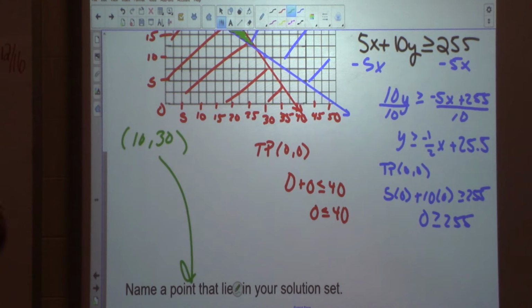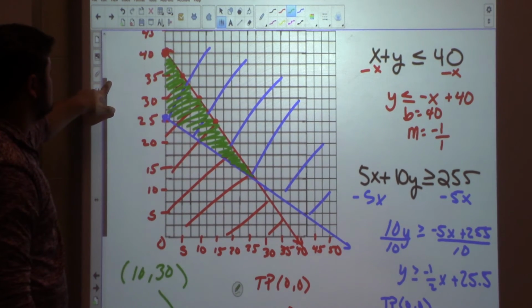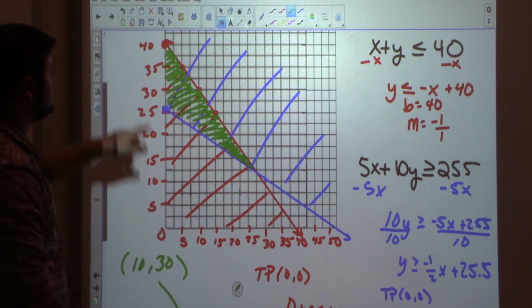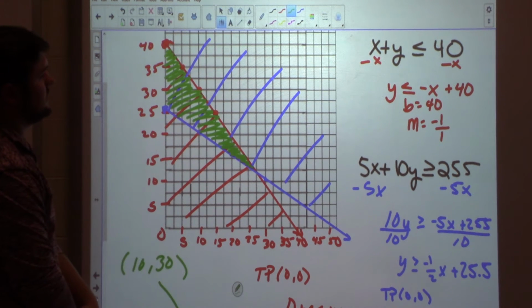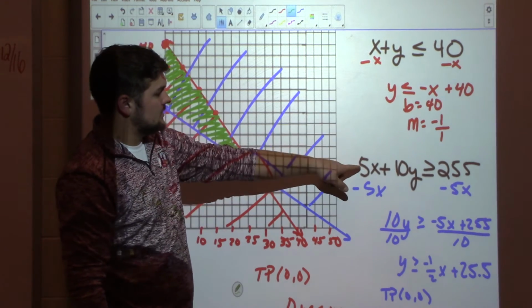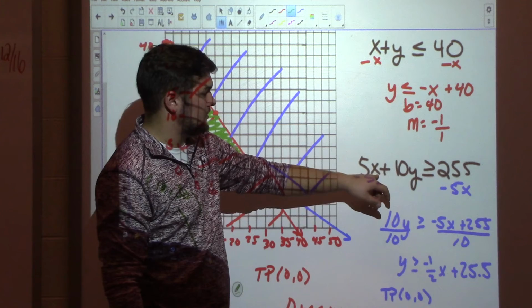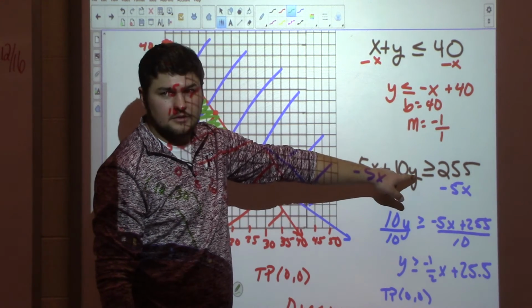Okay, we have one more problem. Oh, Aiden? 10, 30 doesn't work as a point if you enter it into the inequality. Are you sure? Yeah, my calculator said if you work 10 hours in your sales job and 30 hours in your cleaning job, you'd only get 250. Did you do 10 and 20? Because that would be 250.